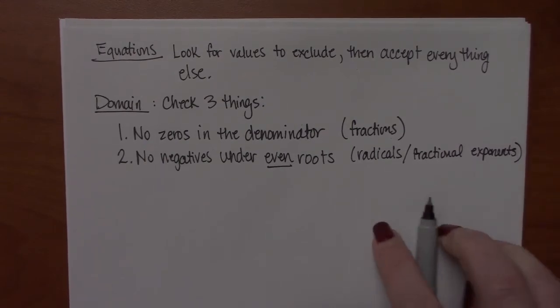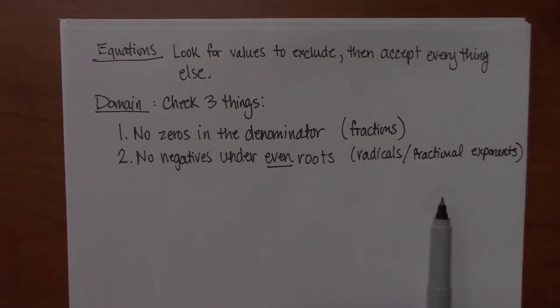So what you're looking for here are equations with radicals in them or fractional exponents, because fractional exponents, which we'll see a little later, are another way of writing a radical, right? If you see x to the 1/2, that is the same thing as saying the square root of x, okay? But it's even roots. You cannot take the square root of -1, but you can take the cube root of -1. So if you're dealing with an odd root, this rule doesn't apply because you can have negatives under odd roots. You just can't have negatives under even roots, okay?